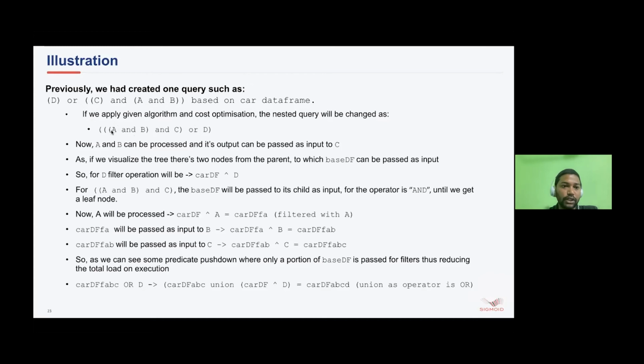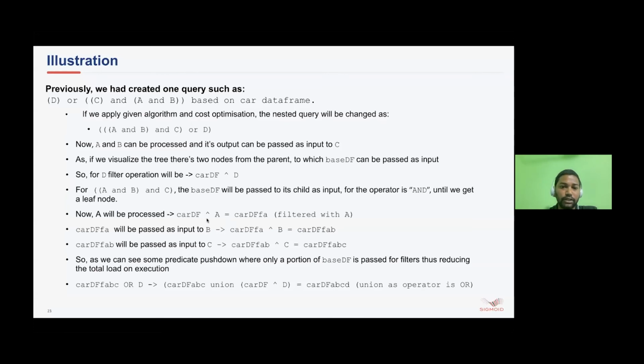So first of all, the base TF will be passed to A, and as the operator is OR, we can pass that base TF to D also. So for A and B, the A filter will be applied first, and then that output will be sent to B as the operator between them is AND. So the B filter will be applied, right?